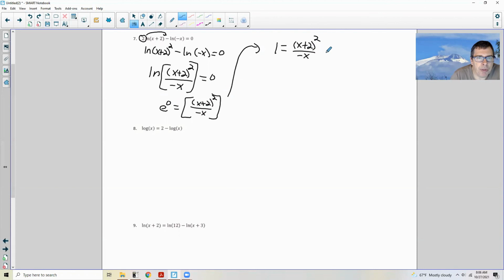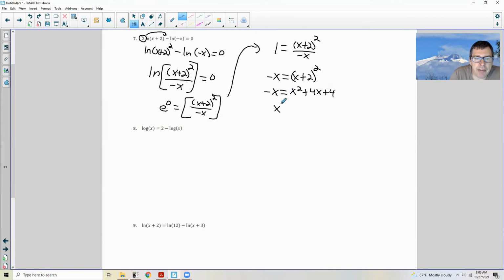Okay, multiply both sides by negative x. Negative x times 1 is negative x. The denominator cancels here. We get x plus 2 quantity squared over on this side. So I'm going to FOIL that: x squared plus 4x plus 4. Add an x to both sides.